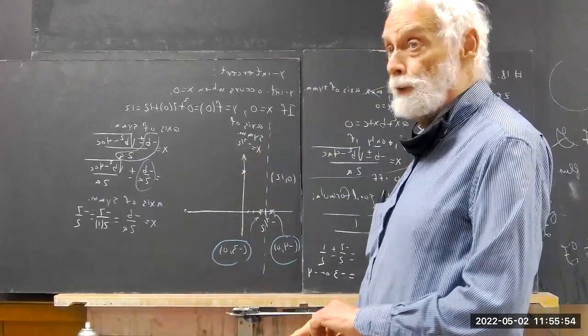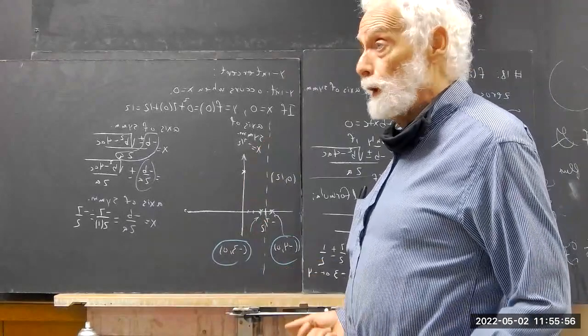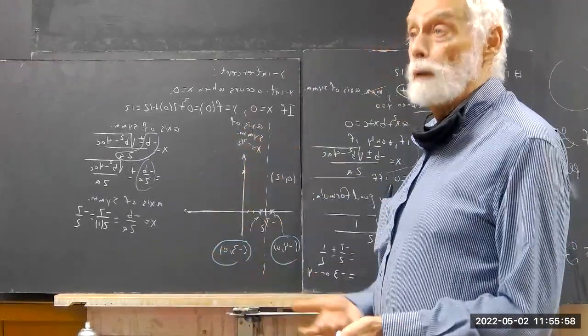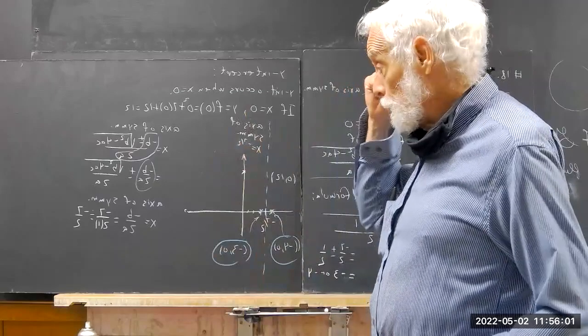Now, the other thing is, any quadratic function has a graph that looks just like the basic squaring function. It's a parabola.